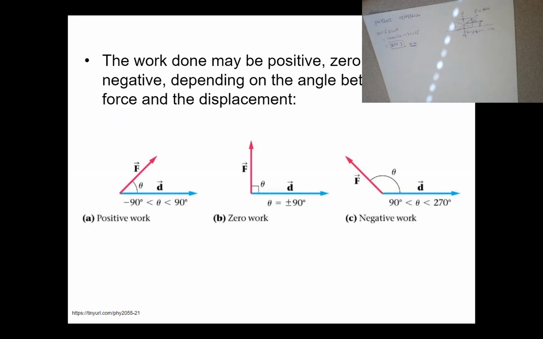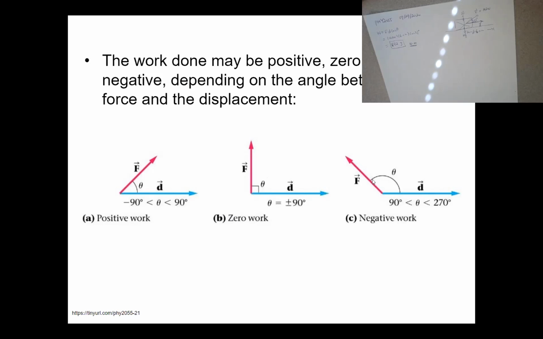So this summarizes the work done by a single constant force, F. If the angle between the force and displacement is in the range of minus 90 degrees to 90 degrees, then the work done by this force is positive. If the force is perpendicular to the displacement, then cosine of positive or negative 90 equals 0, so the work done by this force will be 0.